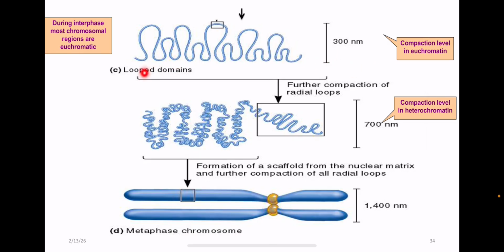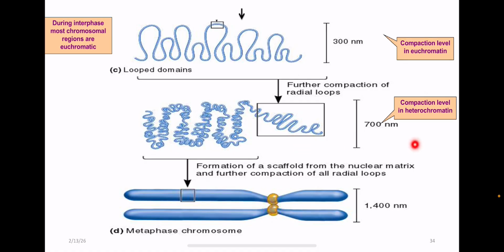So as I said, euchromatins mostly are in these forms. Okay, and these actually happen during the interphase region, like during cell division, mitosis, and those things. And if you are going to further compact it, we are going to do further compaction of the radial loops, so that's more like supercoiling.